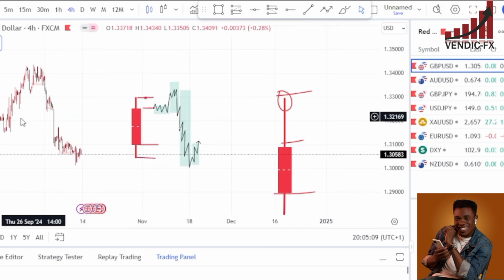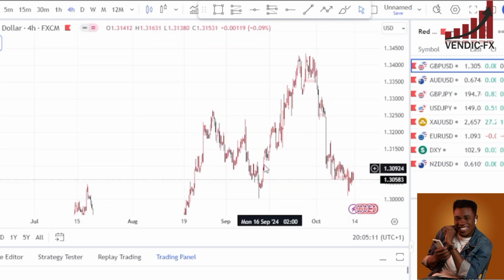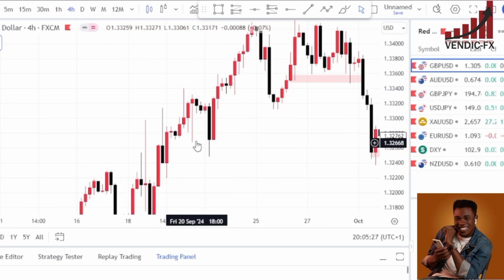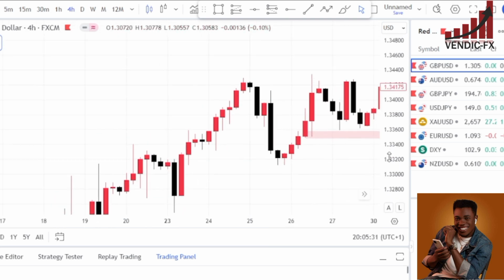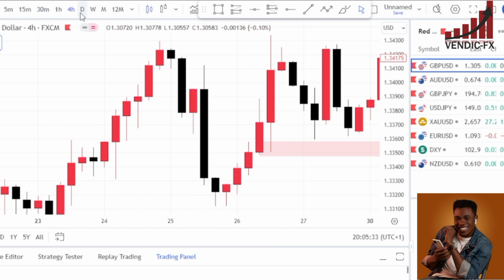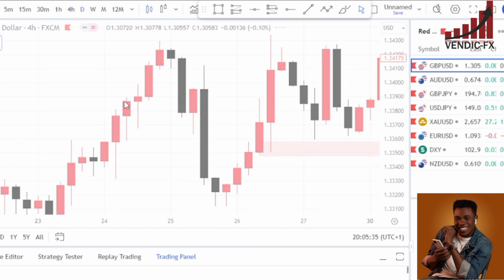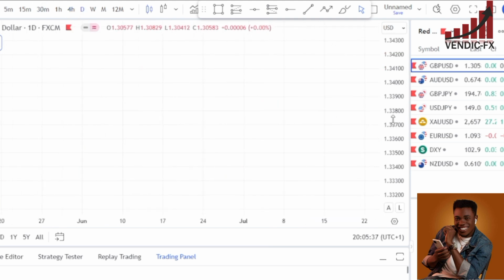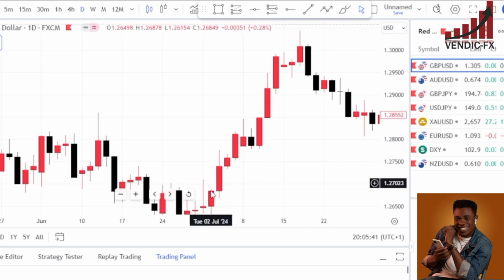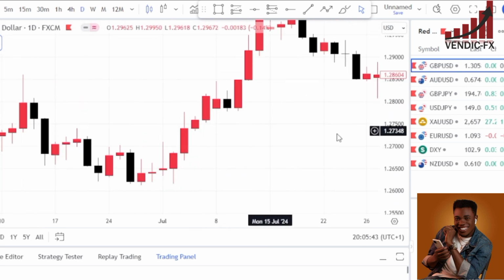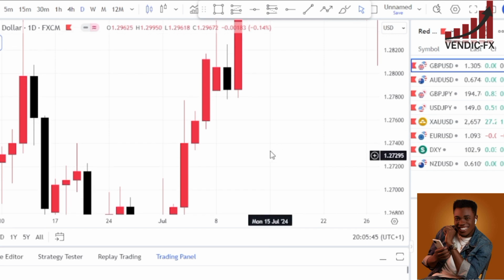Let's check a live example. I'll try as much as possible to make this tutorial very simple because it's just candlesticks. Each candle here is maybe 4 hours, but let me just make it a daily candle. This is a live chart.